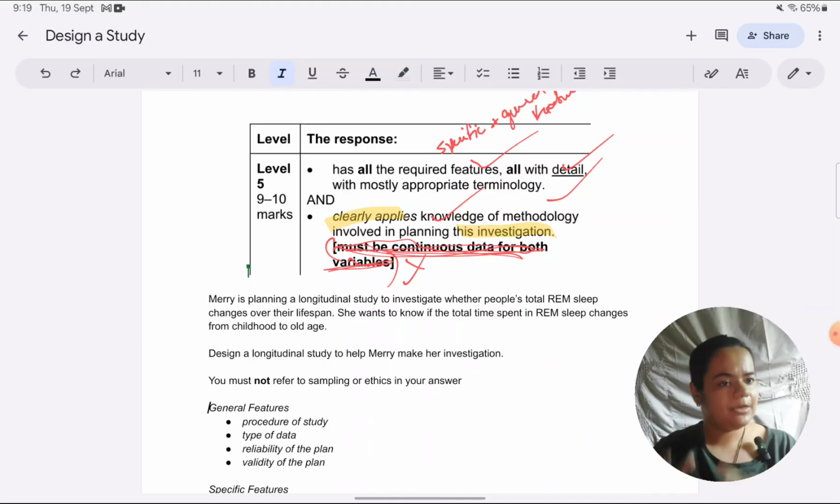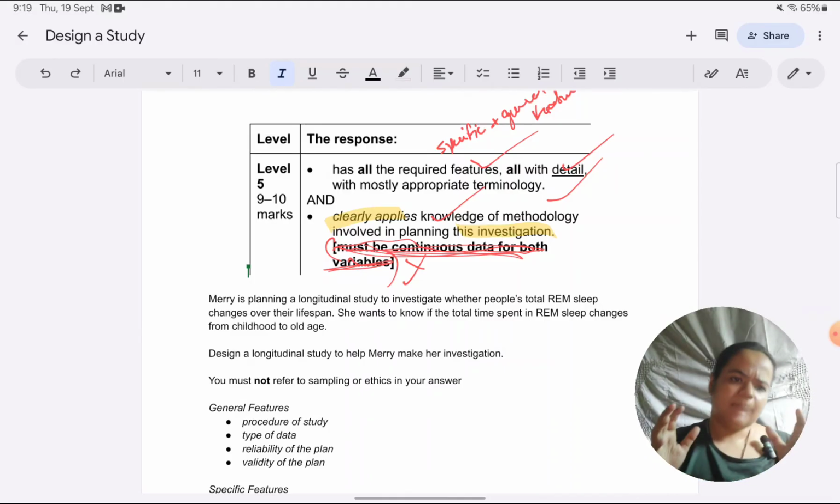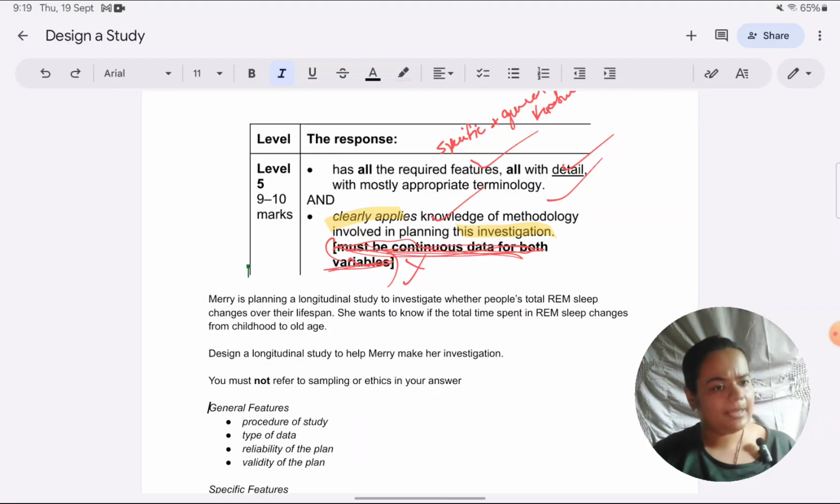Many students get very low grades in the paper, then they realize, and then they come to me for classes. I have a number of students who come to me after getting a C, D, E grade, or even after getting ungraded, and they tell me they were very confident about getting A and A stars, and they were shocked when they got a C or D or E grade, and then they come to me because they want to reappear for the exam. Be wise, take your classes or tuition right now, before you get a very poor grade and then realize that you need to take tuition, because you need personalized feedback, which unfortunately you're not getting in many schools.